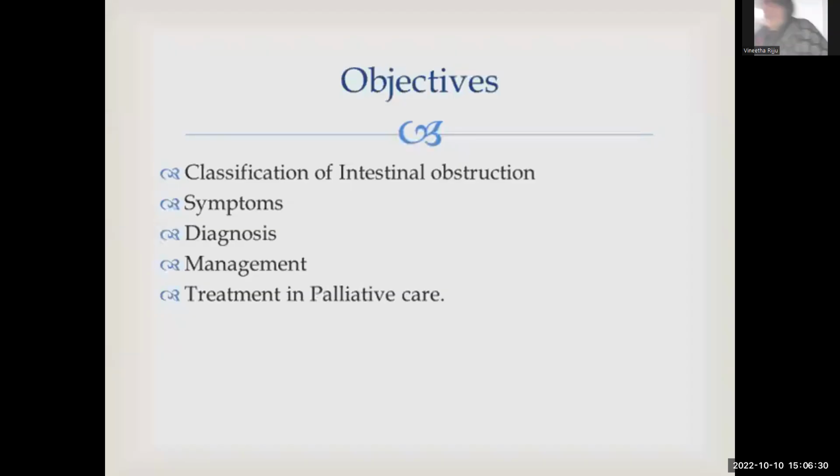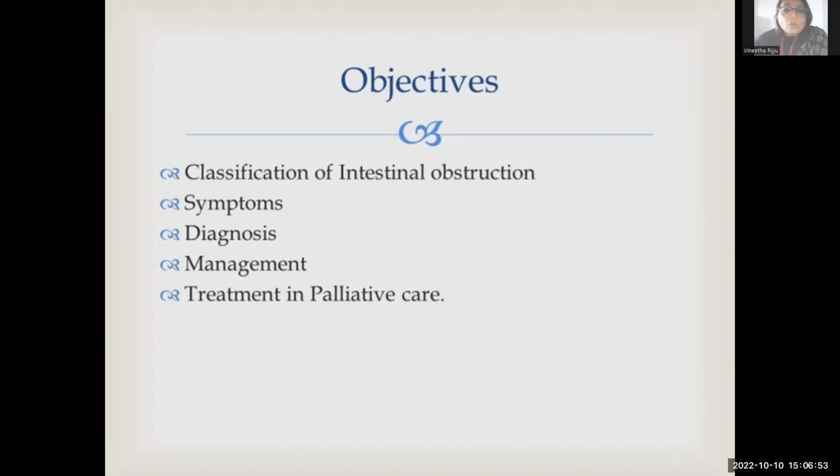So this is what we are going to do. We are at the home setting and we may not know where the obstruction is, but our clinical impression about the patient is telling us that the patient could be having a bowel obstruction, and we have to manage the patient's symptoms and manage the condition accordingly.